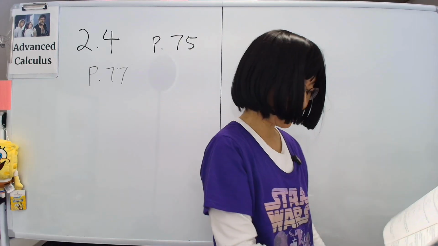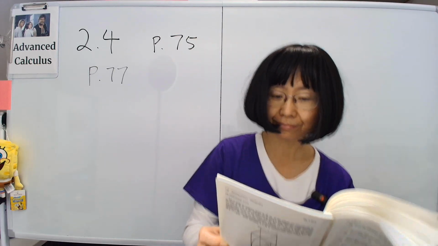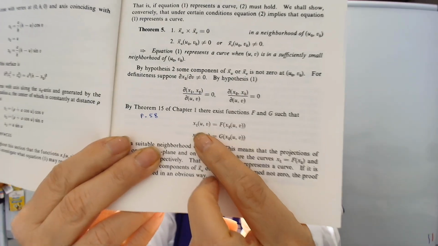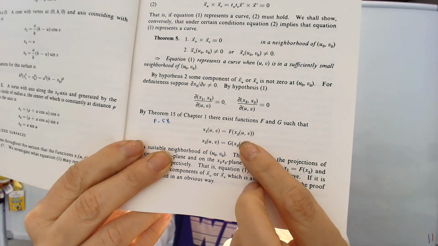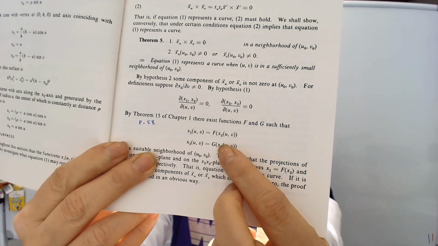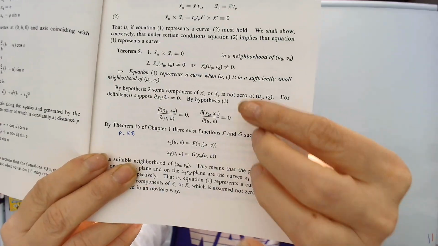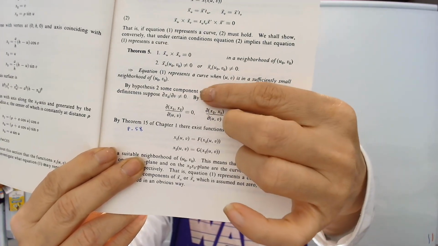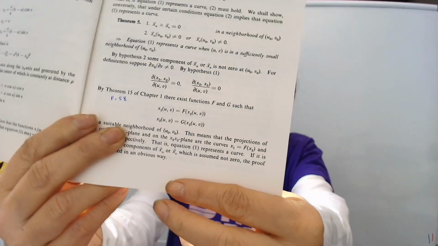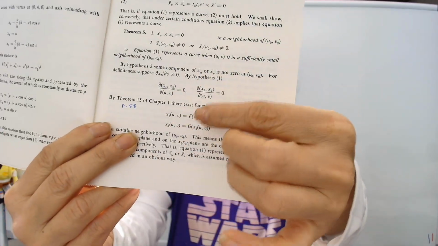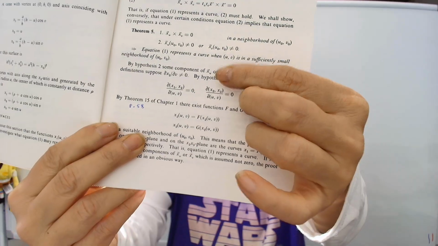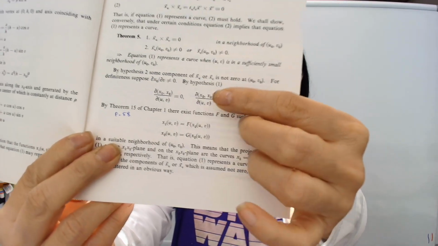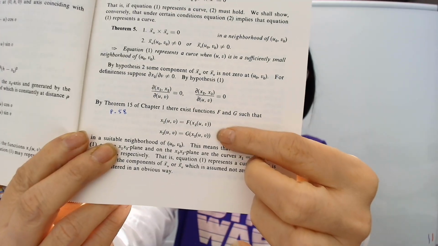As a result of that, we have this situation. We can crank out two functions. The first one, x1, is some function of x2, plugging one into the other, because the Jacobian is 0 and because something isn't 0. See, there are two requirements for theorem 15: the Jacobian has to be 0, and some partial derivative is not 0. But anyway, once you check out all the details, you realize that this does work.